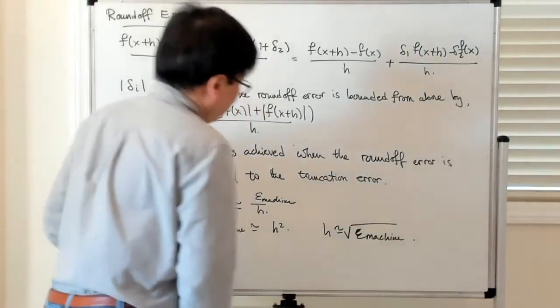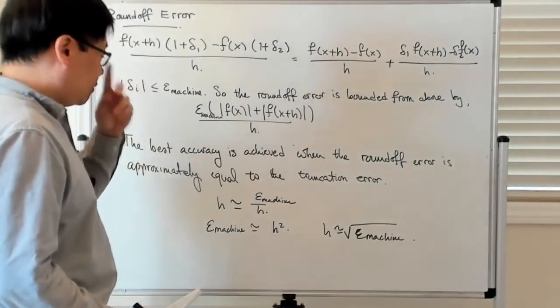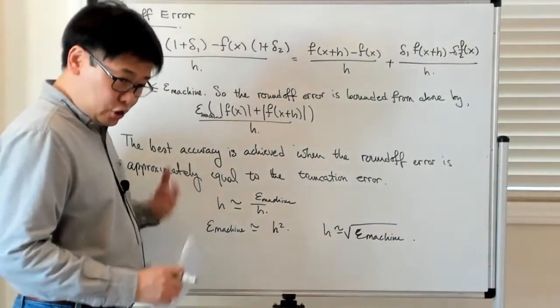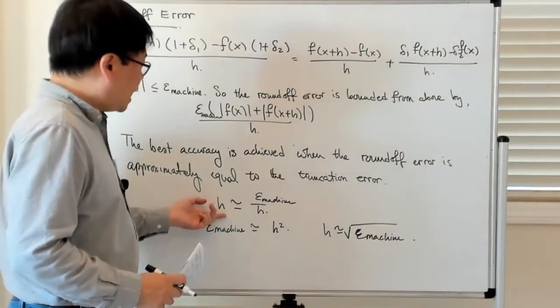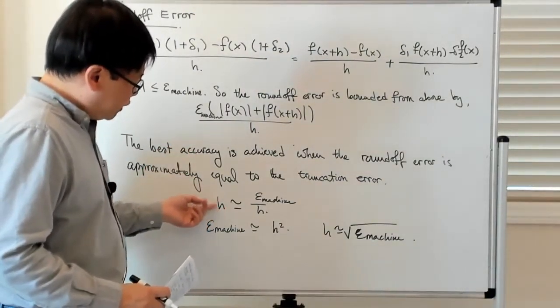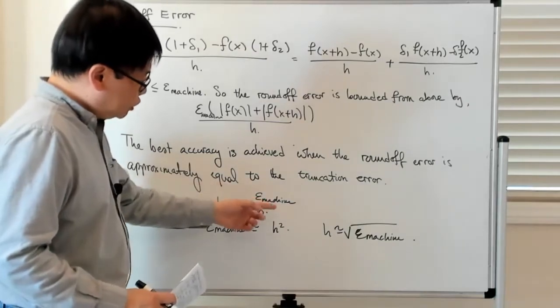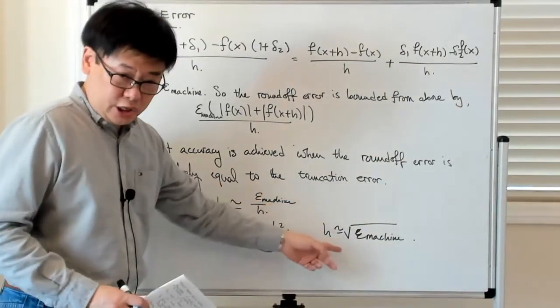But of course, the thing to keep in mind is that this left-hand side, which is the truncation error, depends on the order of the method. So if the order of the method is higher than first order, then you have h to some power, and then the choice of optimal h changes.